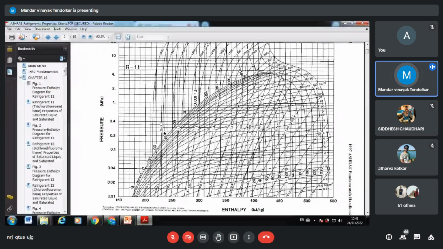Yes, this is the old version, 1997 actually. I had shared the latest one with you. This one is the old one. Let me share this. This will give you a better idea.